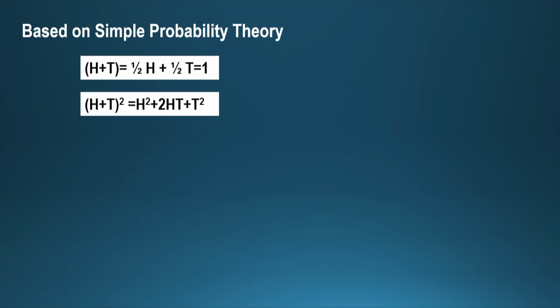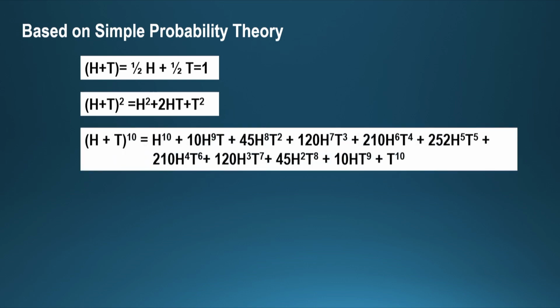If you simultaneously toss 10 coins, the equation would be something like h raised to power 10 plus 10 h raised to power 9 t plus 45 h raised to power 8 t square and so on, plus t^10.